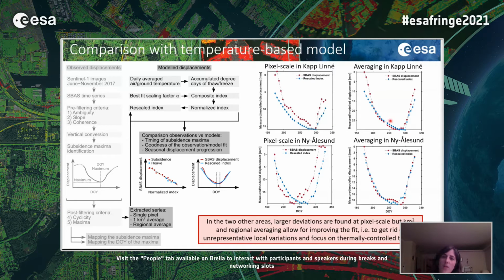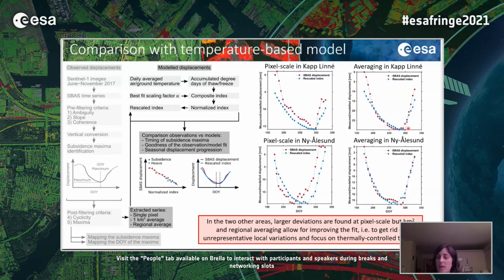But when we average, either at a square kilometer or even regionally, it really improves the fits, which means that basically we get rid of unrepresentative local variations, and that allows for focusing on thermally controlled trends at a relatively large scale.